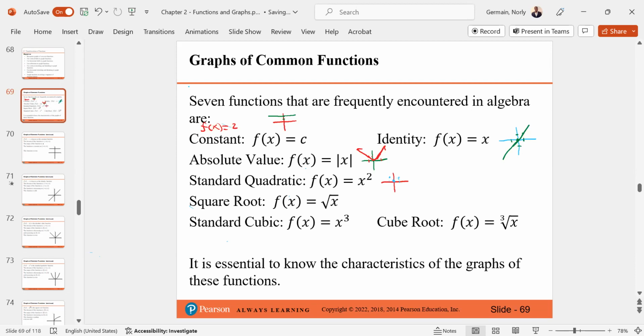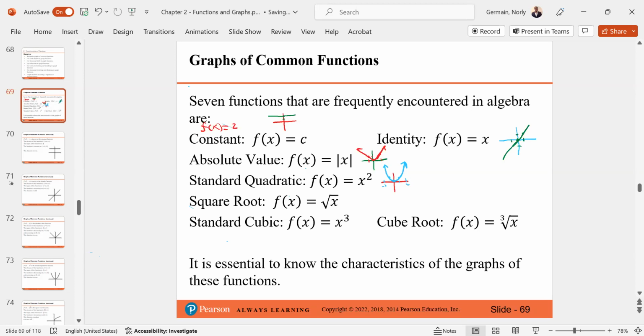But in the quadratic function, if x is negative 2, y would be 4, and if x is 2, y would also be 4. So this one doesn't give us a V, but a U shape, a parabola opening up because the coefficient of x squared is positive.